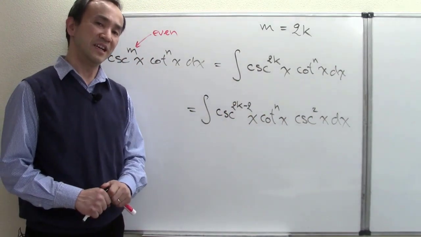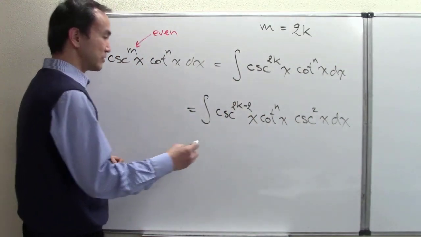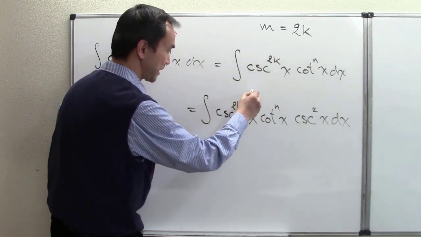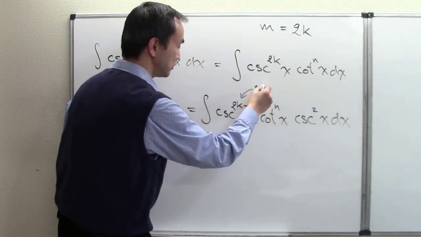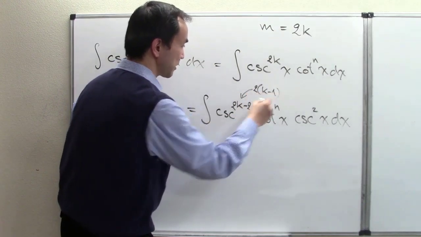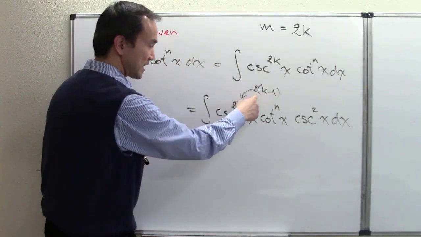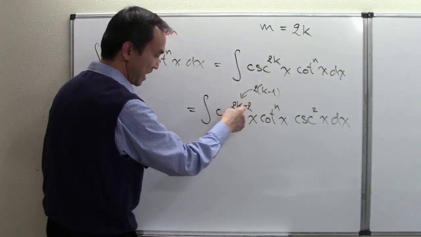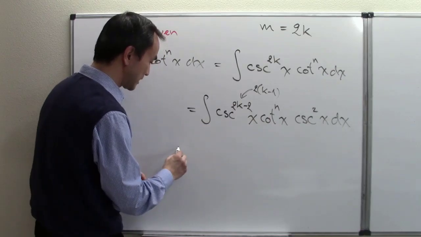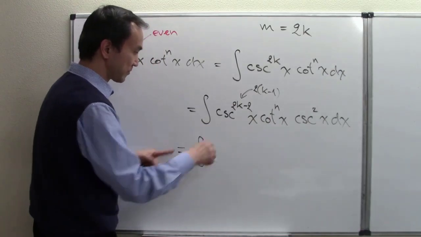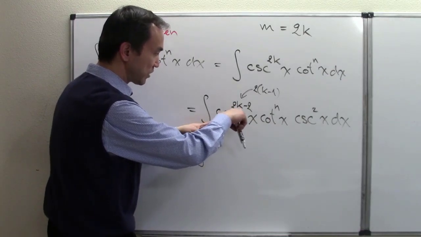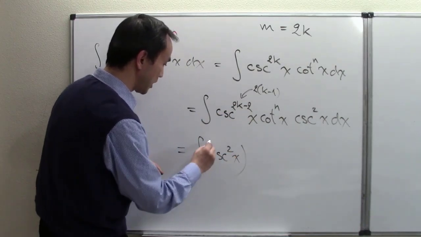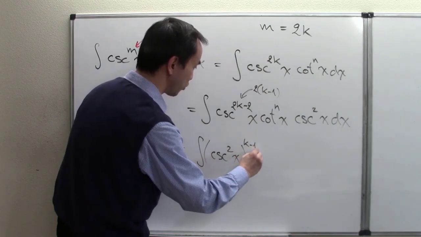All right, and so now I'm seeing this 2k minus 2 as a 2 multiplied with k minus 1 in quantity. So seeing the algebraic nature of this power 2k minus 2, I can rewrite this cosecant to the power 2k minus 2 as the cosecant square of x multiplied with the power k minus 1.